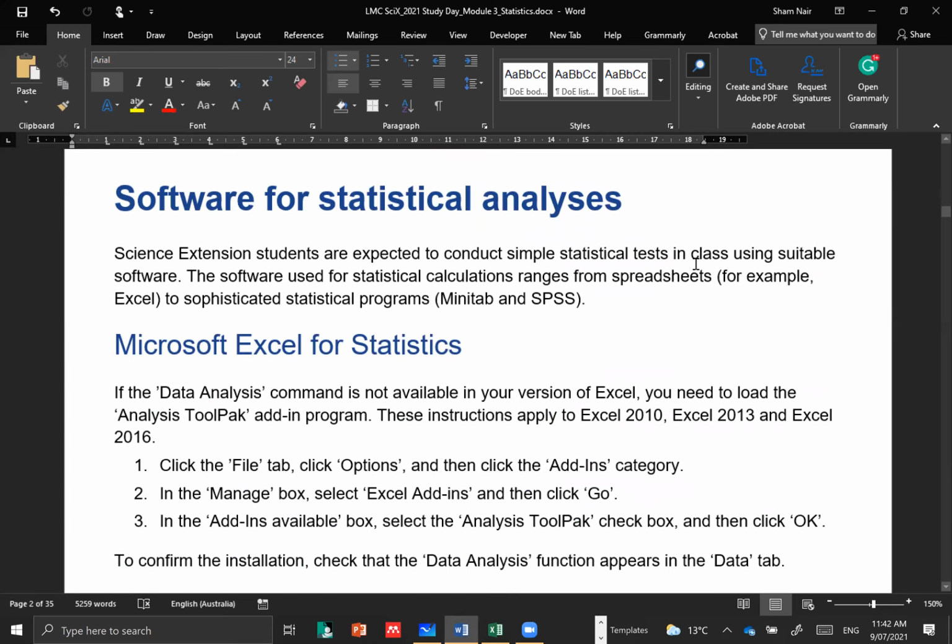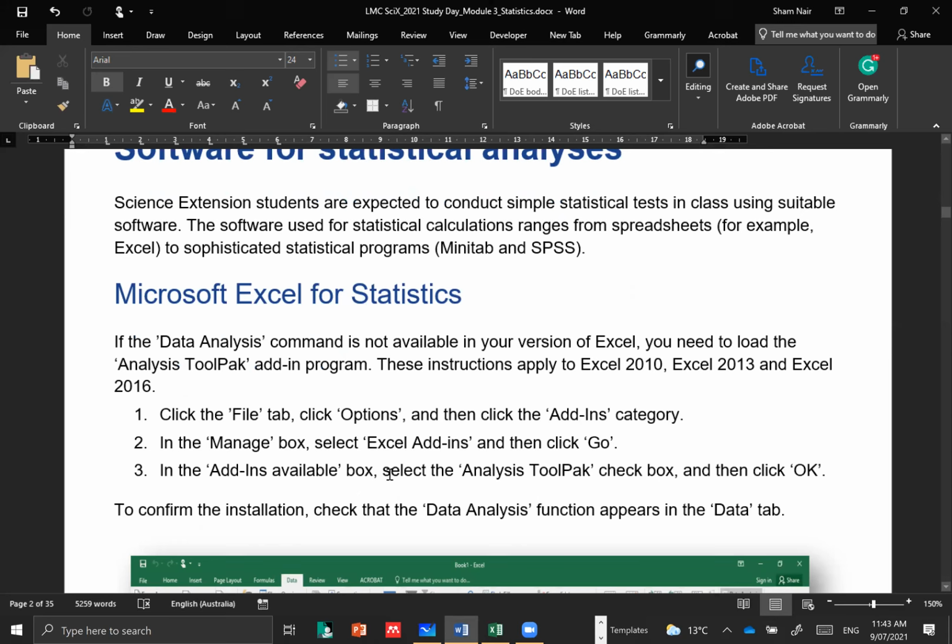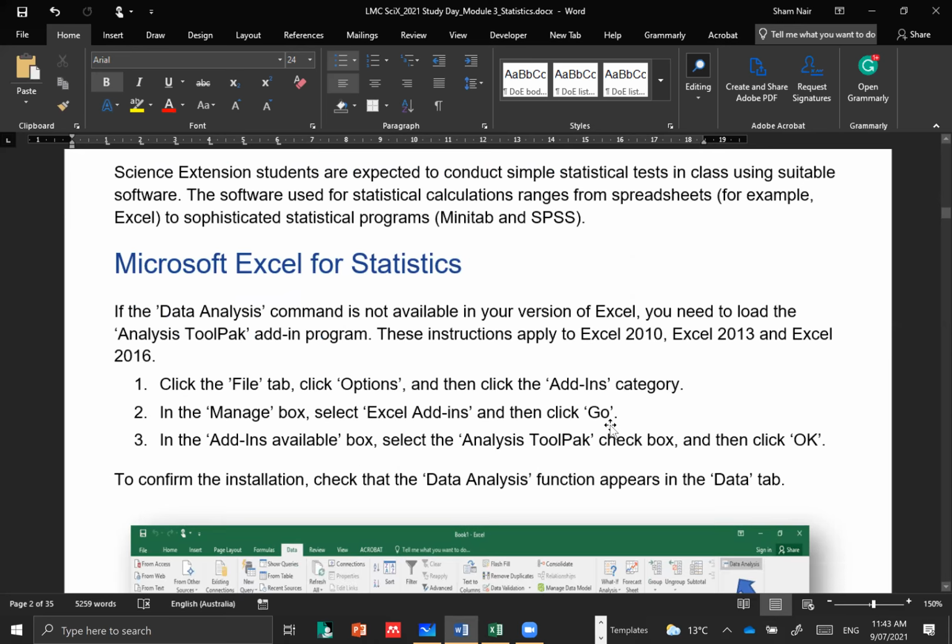The syllabus actually also requires you to be familiar with statistical software. And when I say statistical software, it means any tools that you would have used in your classrooms to do some statistical analysis. So Excel is the most popular one. It's not the best, but it is the most popular. And it requires an add-in, and I'll show you that in just a tick.